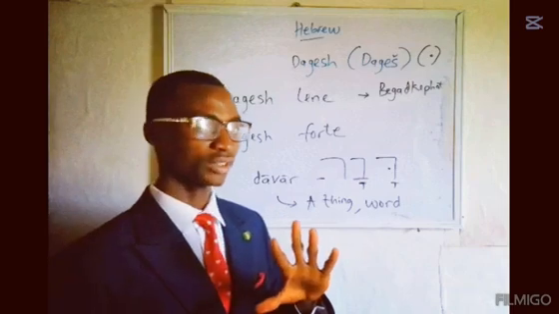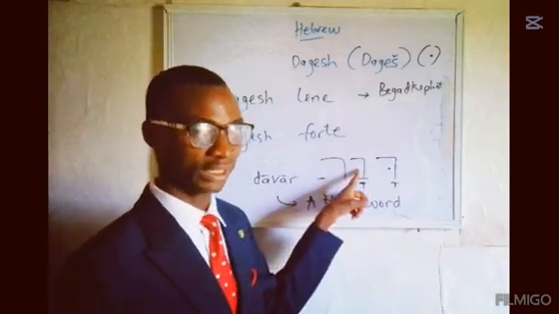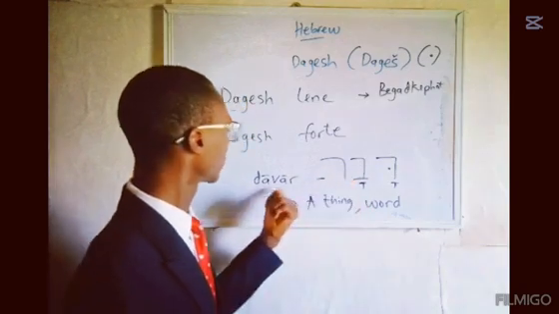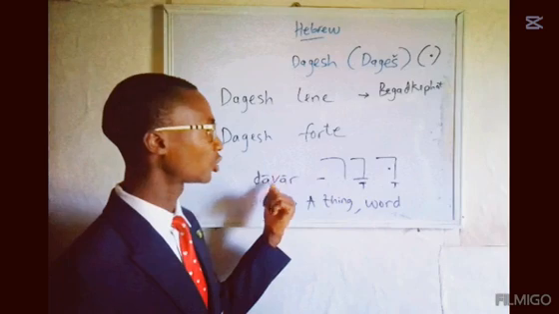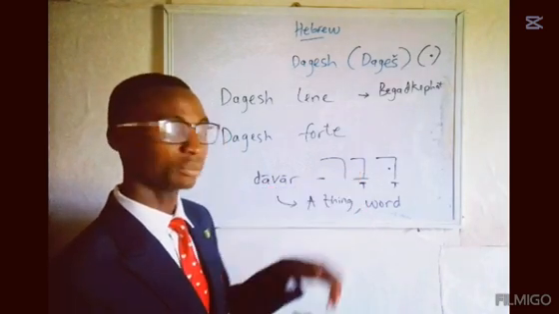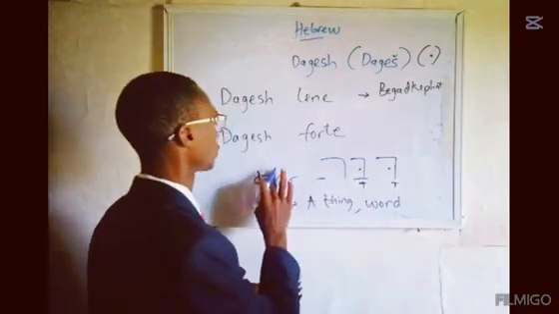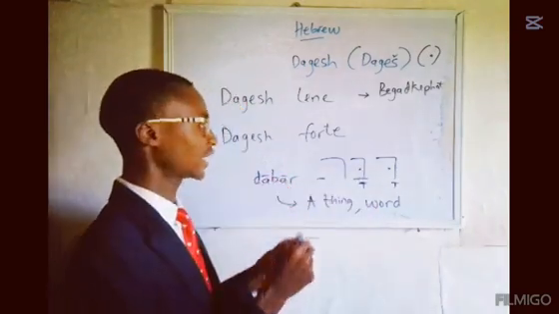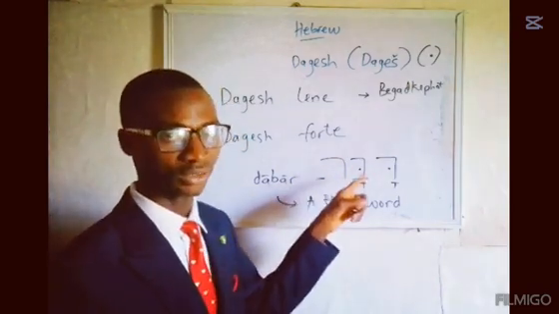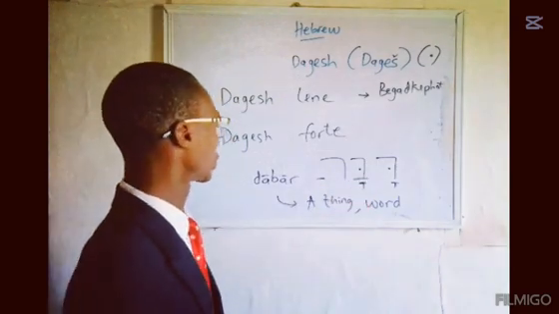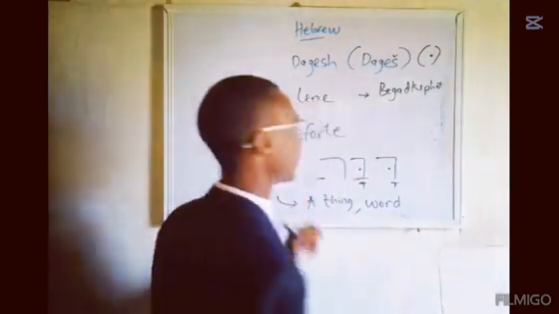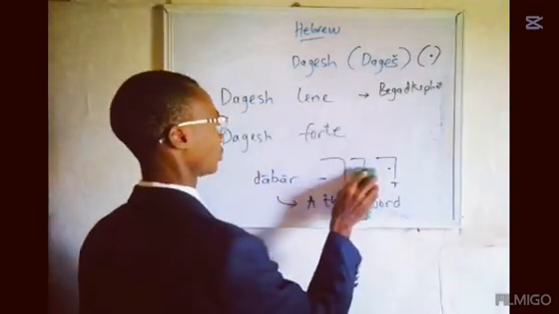Now, for instance, this is another Begadkefat letter, this Bet. Bet here was transliterated as v, because it has no Dagesh Lene. If there was a dot here, then it would be transliterated as b, because that Dagesh Lene hardens the sound, making it b. So that's one thing I would like you to understand about the Dagesh Lene.